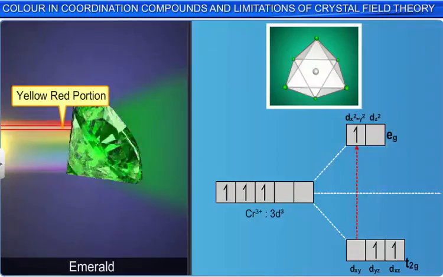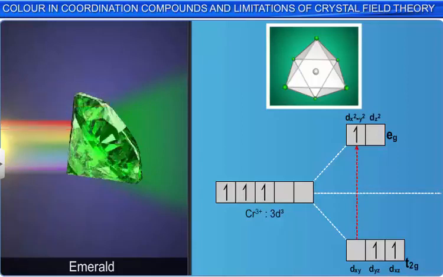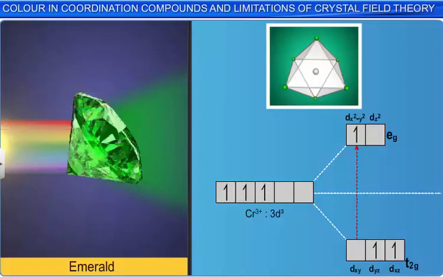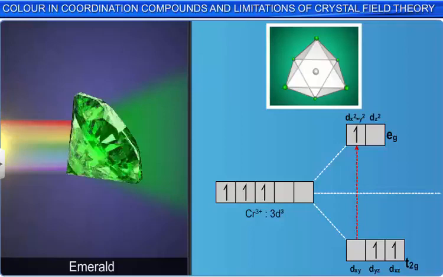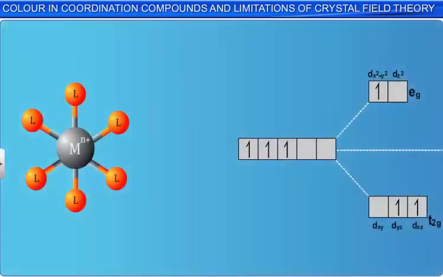It is important to note that in the absence of a ligand, crystal field splitting does not occur. As a result, the substance remains colorless.